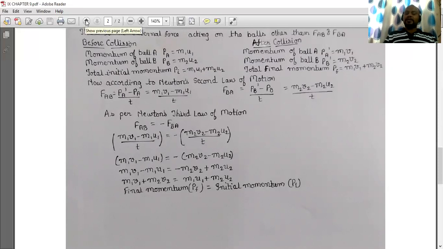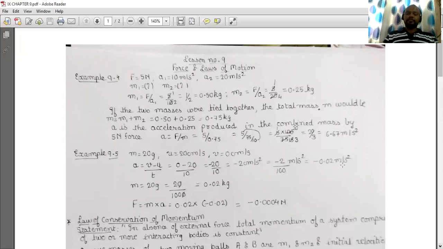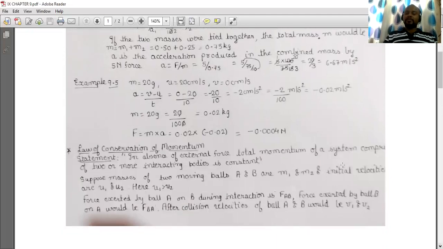Just recall this content again, as it is the most important theory of this chapter, the law of conservation of momentum. First of all, its statement: in the absence of external force, the total momentum of a system comprising two or more interacting bodies is constant. Suppose masses of the two moving balls A and B are m1, m2, and initial velocities are u1 and u2. Here u1 is greater than u2.